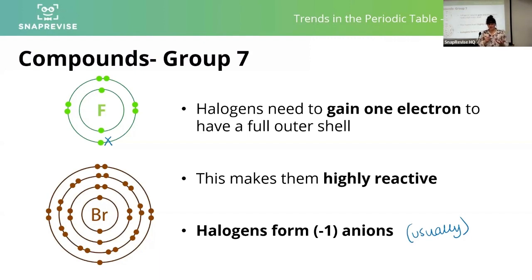If my fluorine atom has gained a negative charge, then overall that species will have a 1 negative charge. Atoms have an equal number of protons and electrons. Protons are positive, electrons are negative, so if they've got an equal number of each, they cancel each other out, and overall the charge is neutral. If you gain another electron, suddenly you've got a negative overall charge because you've got 1 more negative electron than you do positive proton.